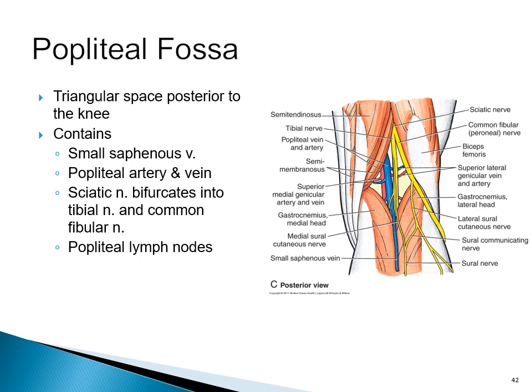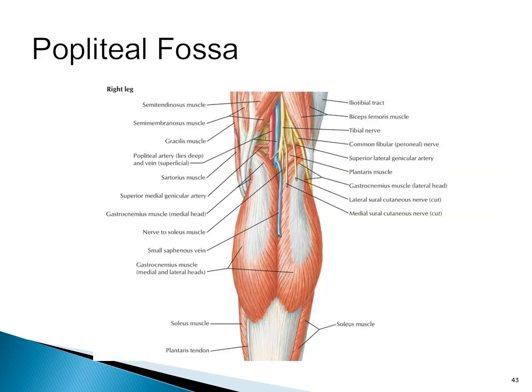The contents of the popliteal fossa are the small saphenous vein, the popliteal artery, popliteal vein, the sciatic nerve bifurcating into the tibial nerve and the fibular nerve, and lymph nodes, which are not pictured here. This is another view of the popliteal fossa with the popliteal artery, popliteal vein, the tibial nerve, and the common fibular nerve.